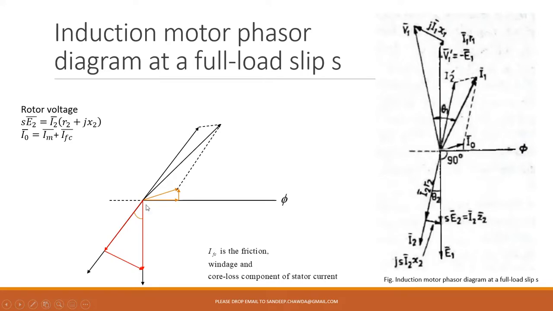First that should be drawn, and after that you are going to get this I0. Once I0 is with you, you are going to get the I1. So this line should be drawn before drawing this one. So you are having minus E1, now you are having I1, so I1 R1 can be added. Then from here this 90 degree J I1 X1, and this is going to give you V1.